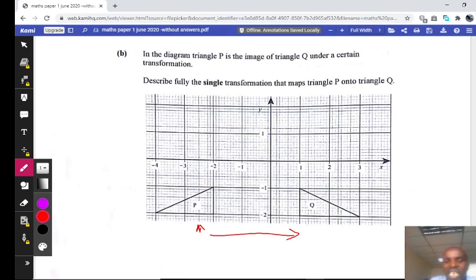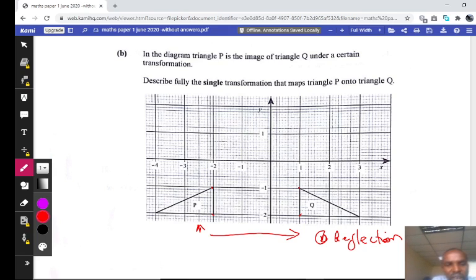So first we said it's a reflection. Then which one is our mirror line? That's one point. You find the line dividing these points. You can choose this point and this point, or this point and this point. The line is exactly in the middle of these points.